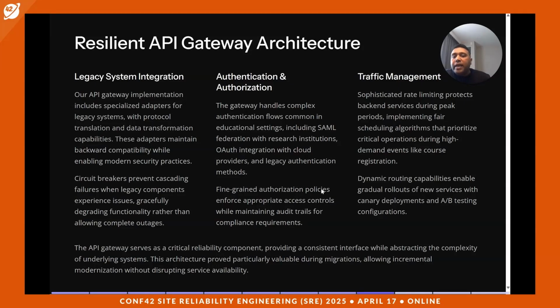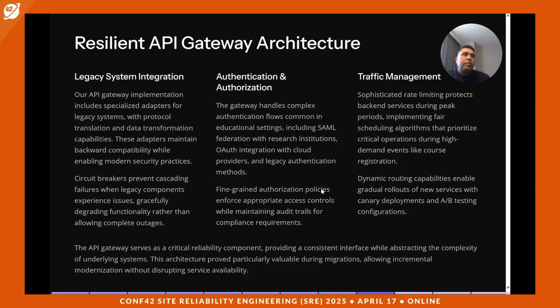The API gateway serves as a critical reliability component, providing a consistent interface while abstracting the complexity of underlying systems. This architecture proved particularly valuable during migrations, allowing incremental modernization without disrupting service availability.